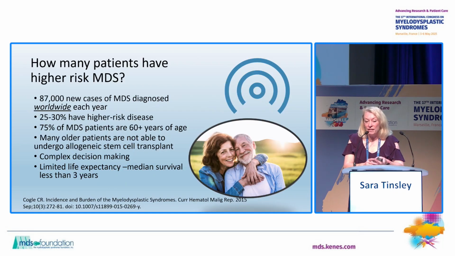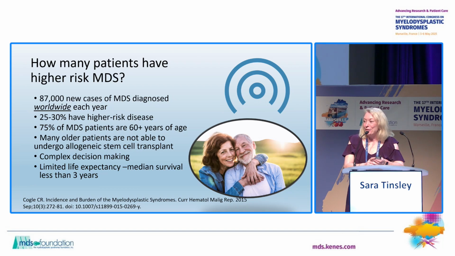And so how many patients have higher risk MDS? About 87,000 new cases of MDS are diagnosed worldwide, and about 1/3 to 1/4 of those are higher risk disease. 75% of our MDS patients are older, have advanced age, 60 plus years of age.